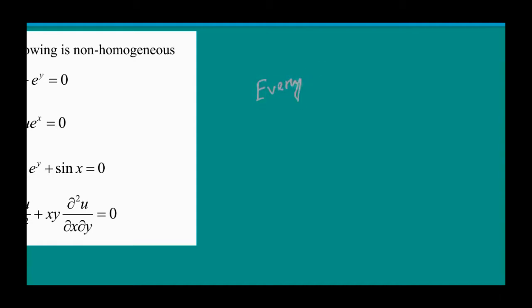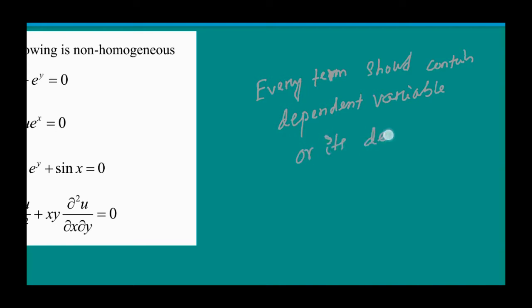Every term should contain the dependent variable or its derivative. That means in every term the dependent variable should be there for homogeneous.